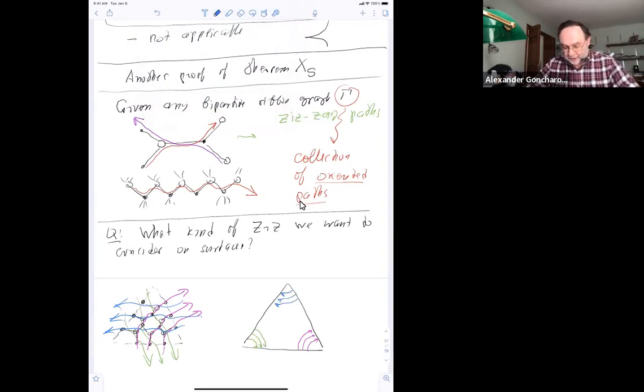So this intertangled collection on the left, you can isotope and get this clean collection which goes around the vertices on the right. But they are very different collections: here they come from a bipartite graph, and here they do not come from any bipartite graph. You just isotoped all of them here.